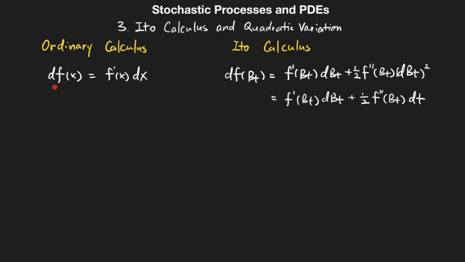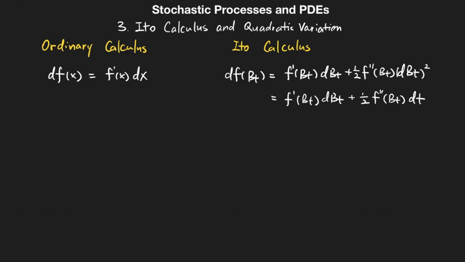Motivated by the strange behavior of the geometric Brownian motion, let's first take a look at the difference between ordinary calculus and stochastic calculus. The main issue is that when we have Brownian motion as the function input, the second-order Taylor expansion can no longer be ignored. Let's take a closer look.